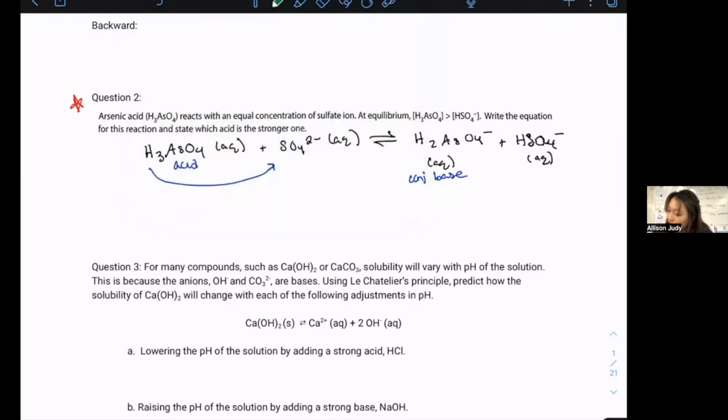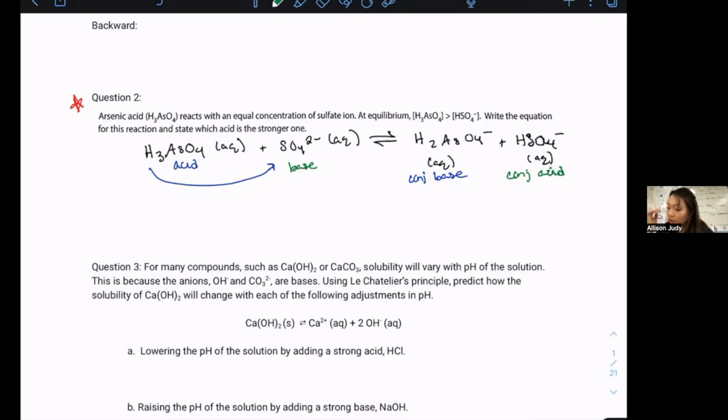We see that the sulfate acted as the base, and this is the conjugate acid from that base. Now we're told that arsenic's concentration is significantly greater than the HSO4 minus.